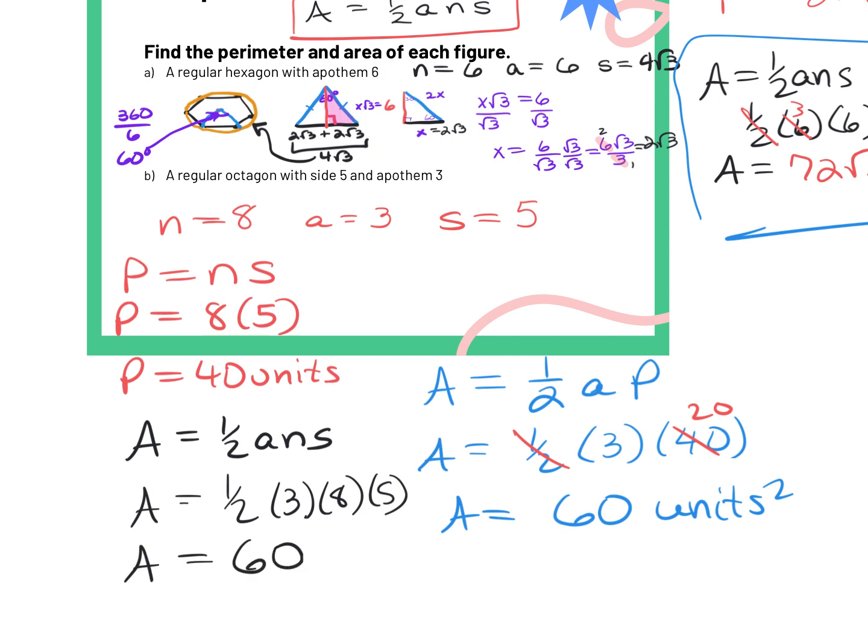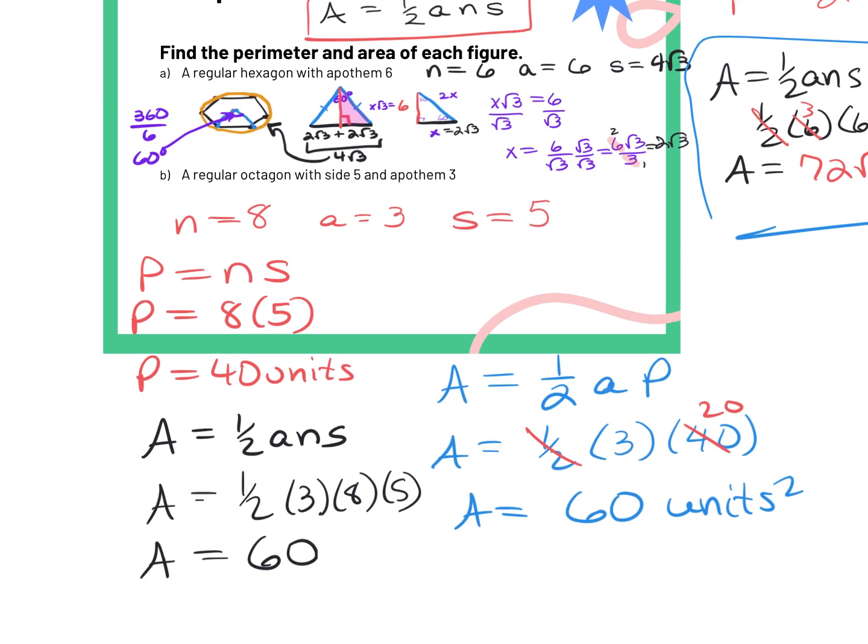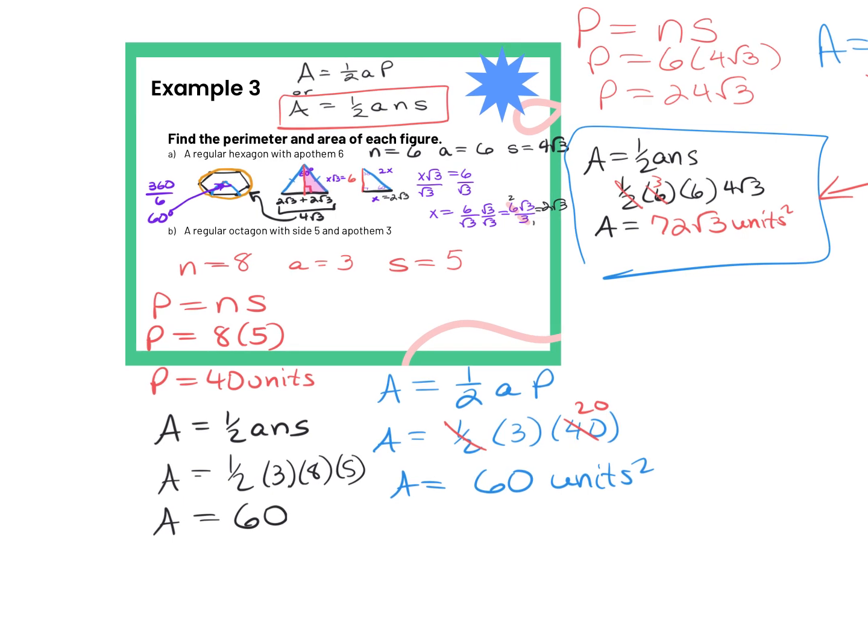So when you're starting out by being given everything, you're just plugging it into the formula. The easiest way to draw these polygons is, for example, if you had to draw an octagon, I would just take 8 dots and put them around the edge here, and then draw your octagon. Again, I'm not looking for precision.